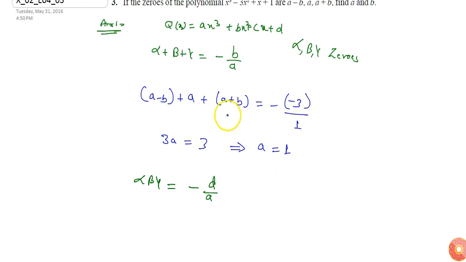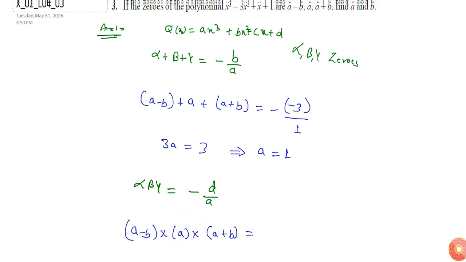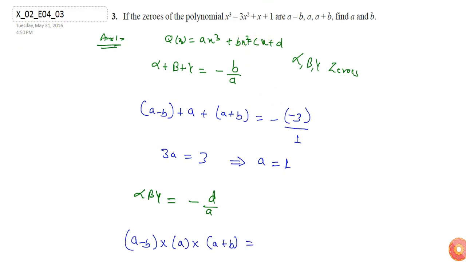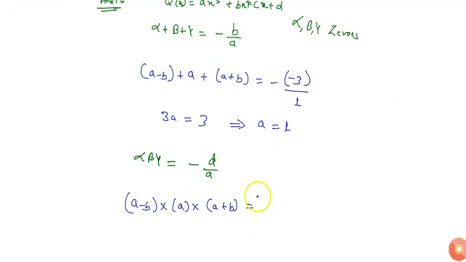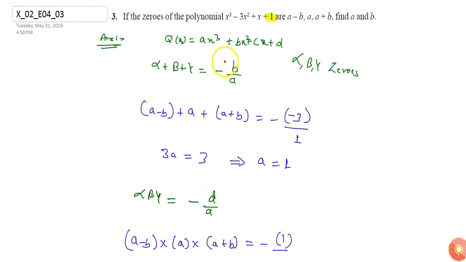So if I compare with the question, it will be minus of (a minus b) into a into (a plus b) equals the constant term in the cubic polynomial, which is 1, so minus 1 by the value of the coefficient of x cube, which is also 1.